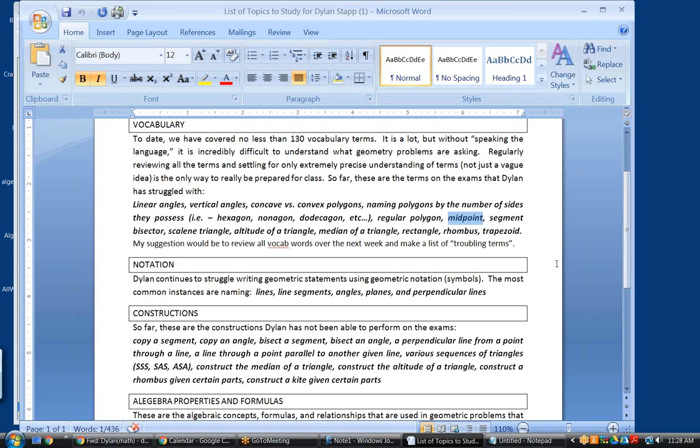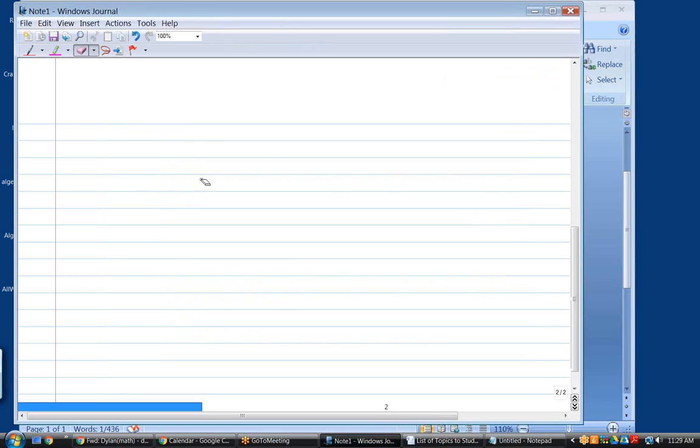In other words, either the midpoint of a line or the midpoint of 2 points. And it's almost never referred to as the midpoint of an angle. I would not call that the midpoint of that angle. No. That's an angle bisector.